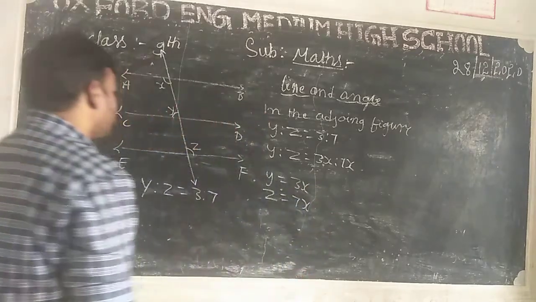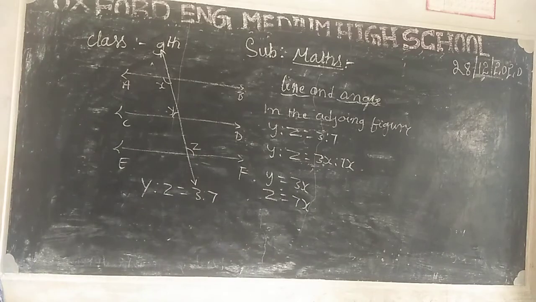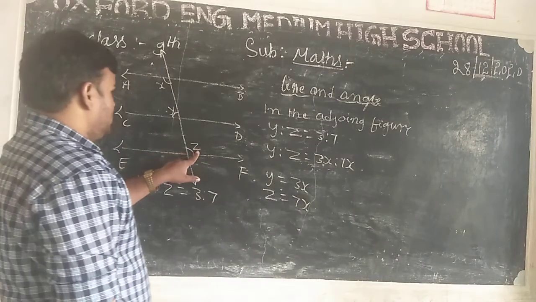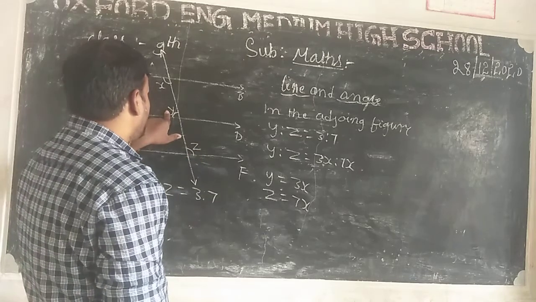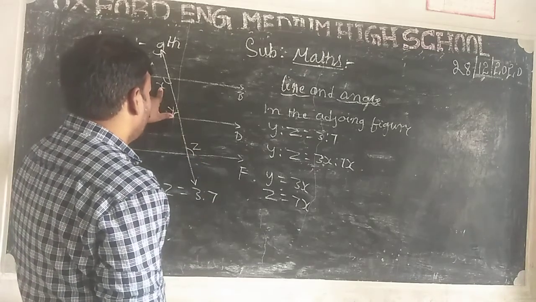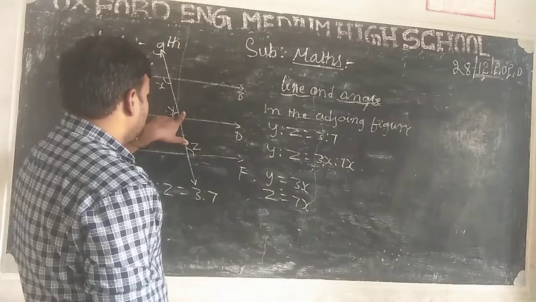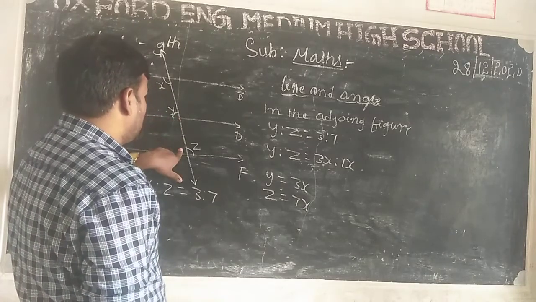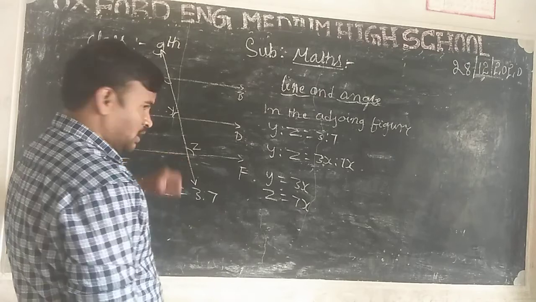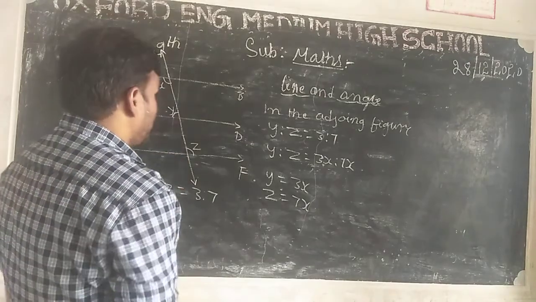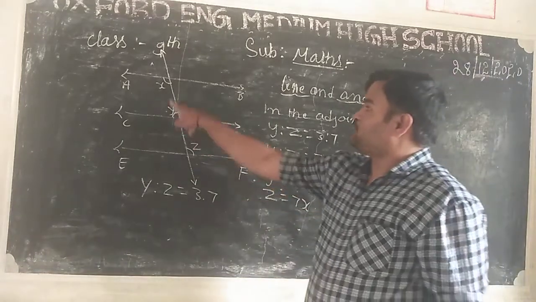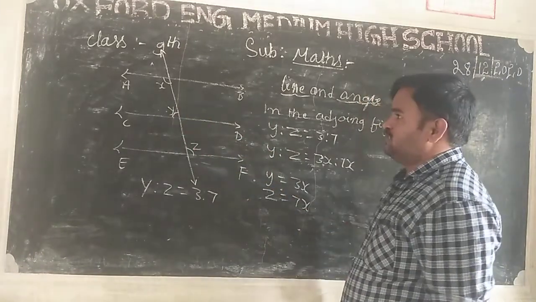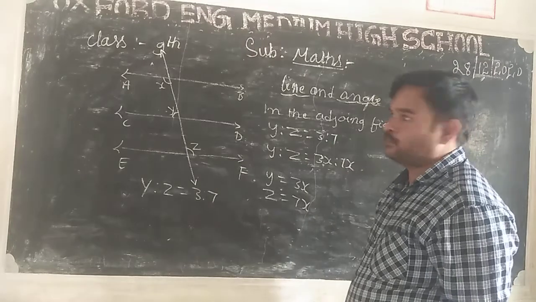You write 7x, right? So this is 7x and this one 3x, this is x. Now you find how much each one is. Dear students, in the adjoining figure, 3x plus x: what is the value of the two interior angles?